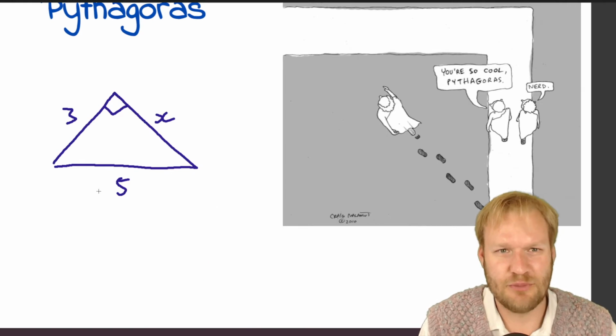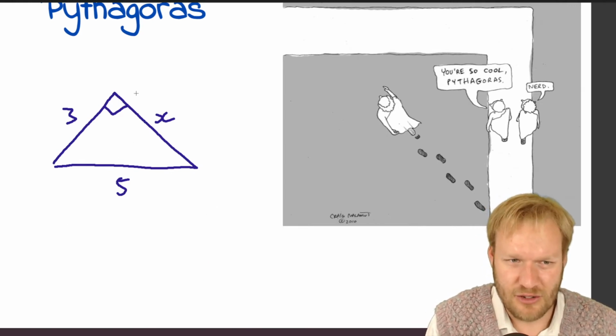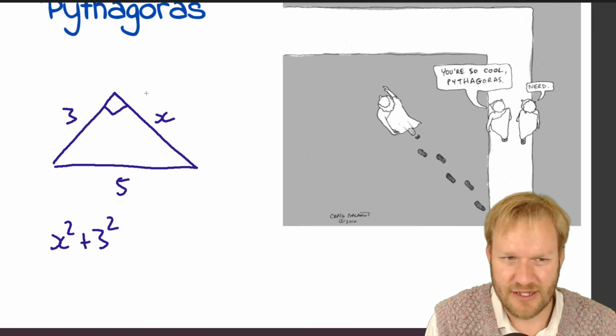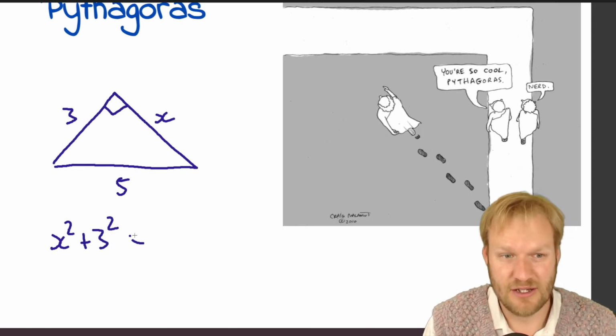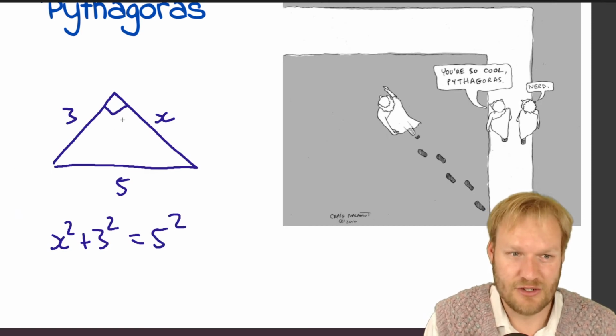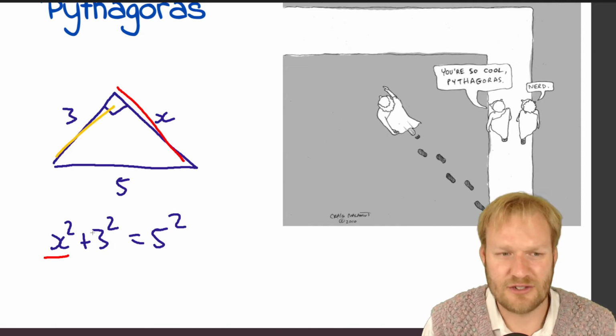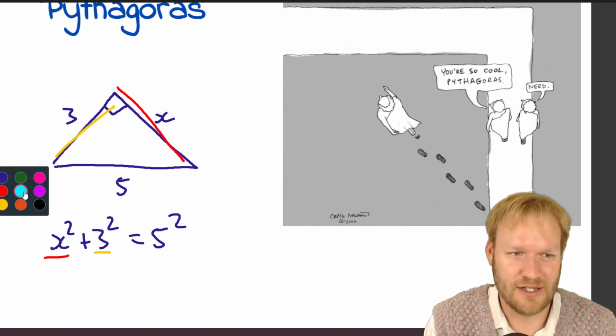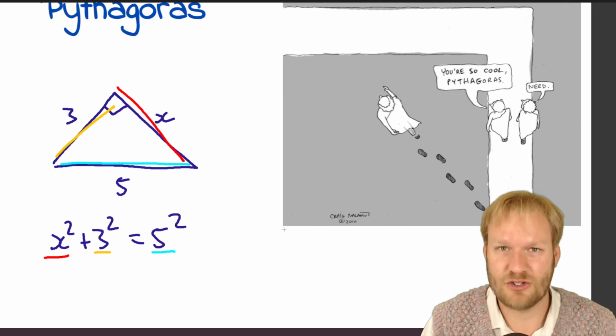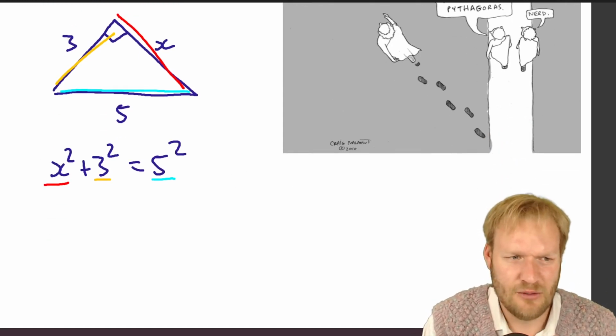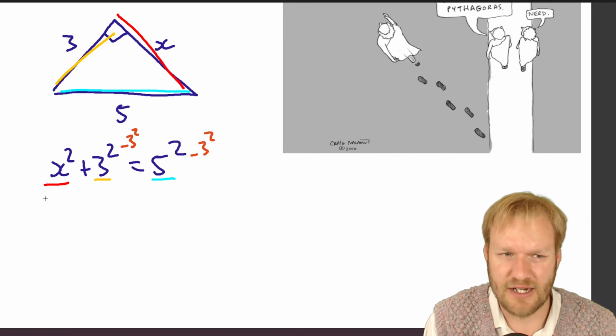So let's practice laying this out. We know that the sum of the squares of the two shorter sides, x squared plus 3 squared, equals the square of the hypotenuse. So this side here, x... I think you've got this though, right? Plus 3 squared gives you the hypotenuse squared. And then from there, if we subtract 3 squared from each side, then you've got what x squared is.